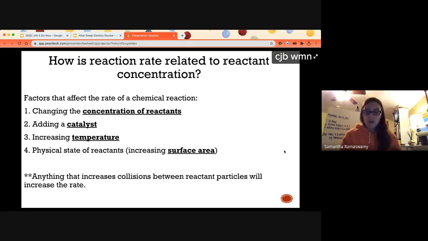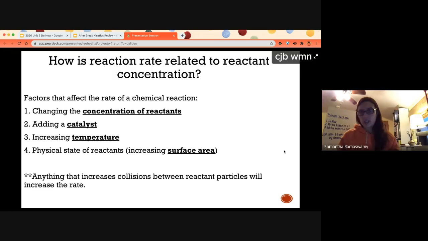To calculate rate, you can look at the change in reactant concentration or the change in product concentration over time. But when we're looking at what affects the rate itself, we're looking at how the concentration of reactants changes. You can look at adding a catalyst, more on a catalyst at the end of the week. You can increase temperature, and you can change the physical state of the reactant.